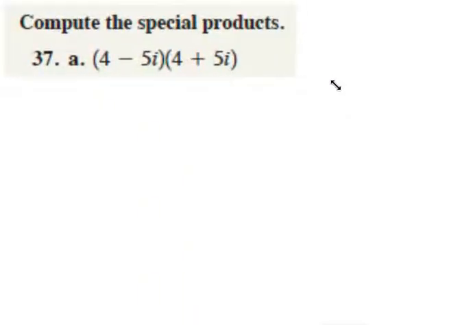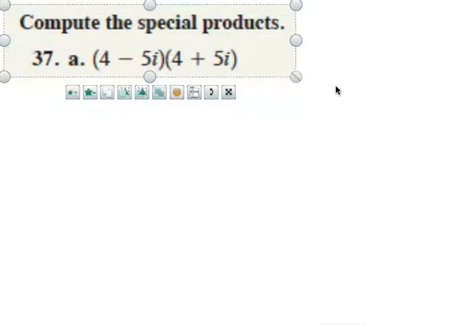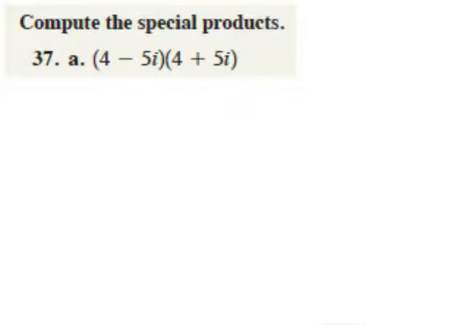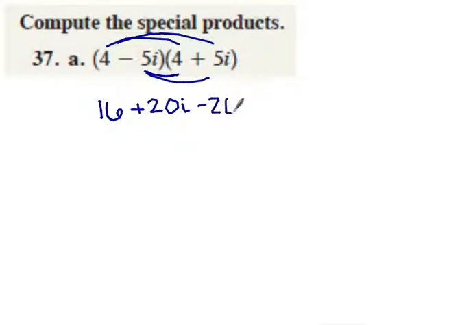Okay, so computing special products. Again, here, when we multiply this stuff out, it's two complex binomials that are going to get multiplied into a single real term. And so if I FOIL this out, we'll end up seeing that we get the 4 times 4, which is 16. 4 times 5i gives us plus 20i. Negative 5i times 4 gives us negative 20i.